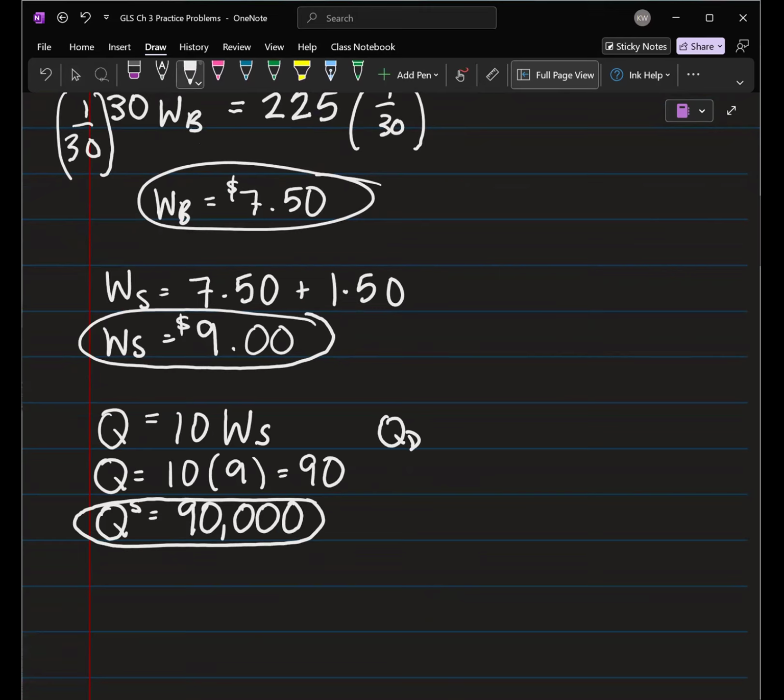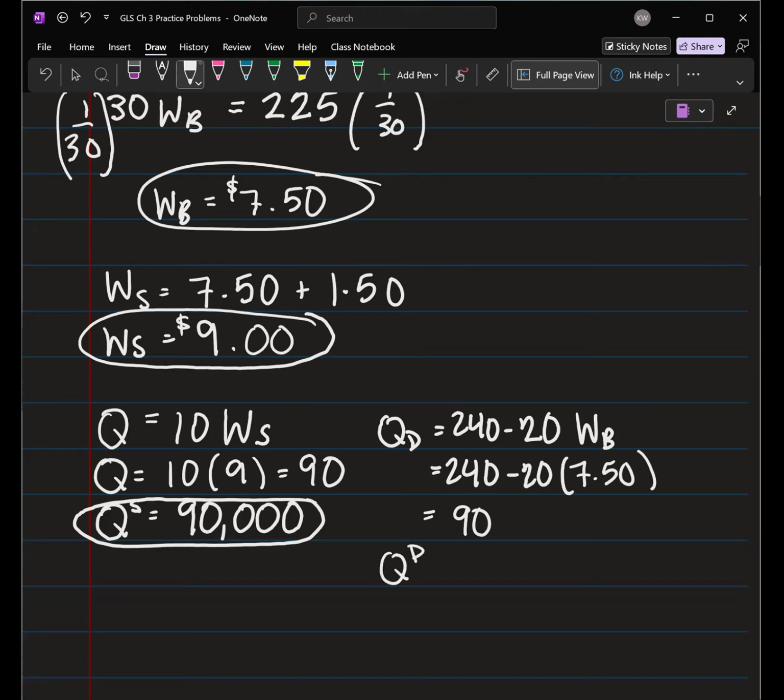Quantity demanded is going to equal 240 minus 20 times the wage that buyers pay. And we found that that wage is $7.50. So we'll have 240 minus 20 times $7.50. Simplifying, that's going to give us that our employers are going to hire 90,000 labor hours.